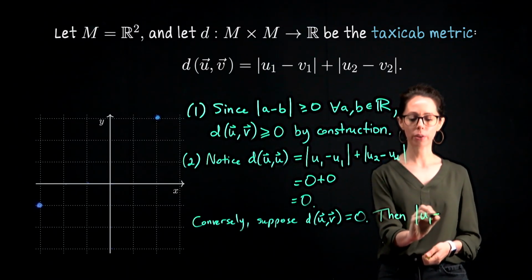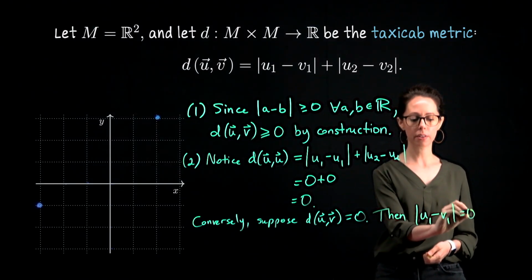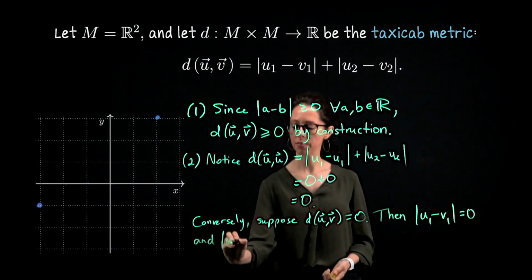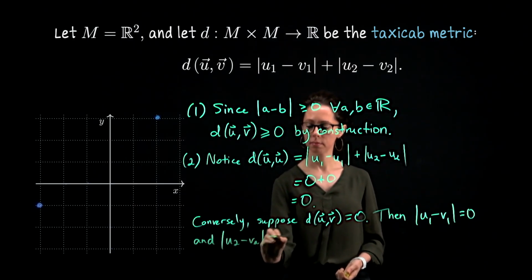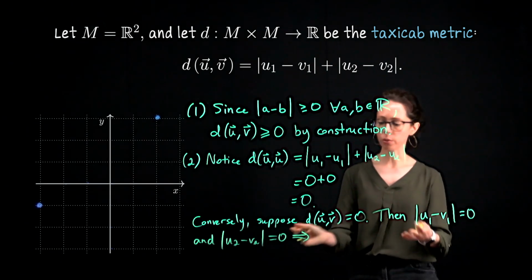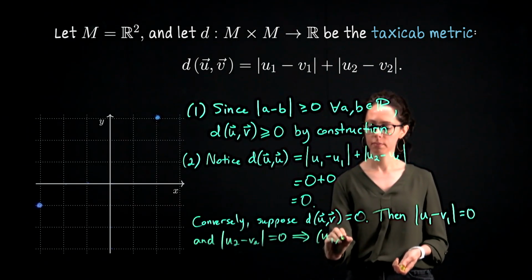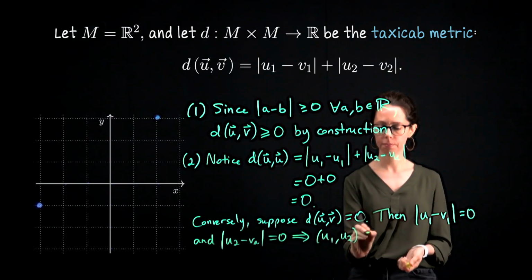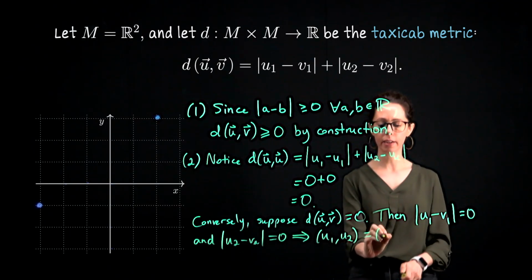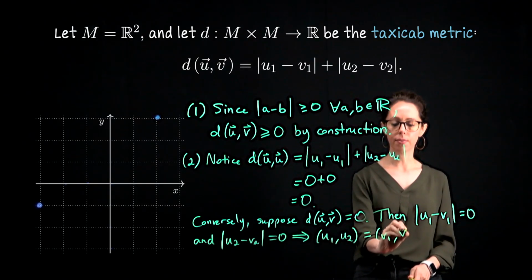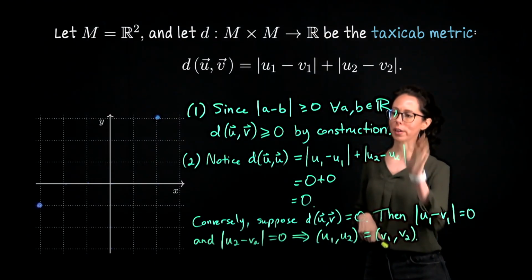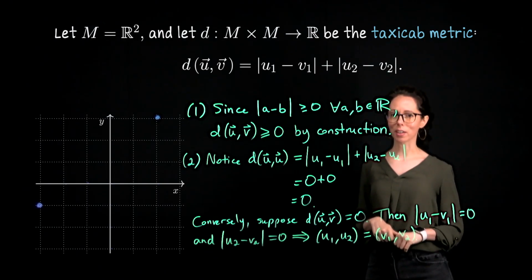Then the absolute value of u1 minus v1 equals 0, and also the absolute value of u2 minus v2 is 0, which implies that the point (u1, u2) equals (v1, v2). Okay, what I really want to highlight here by writing out non-degeneracy is that it's if and only if, and you need to address both directions. Okay, let me step aside just so I can erase this, then we will continue with symmetry and the triangle inequality.